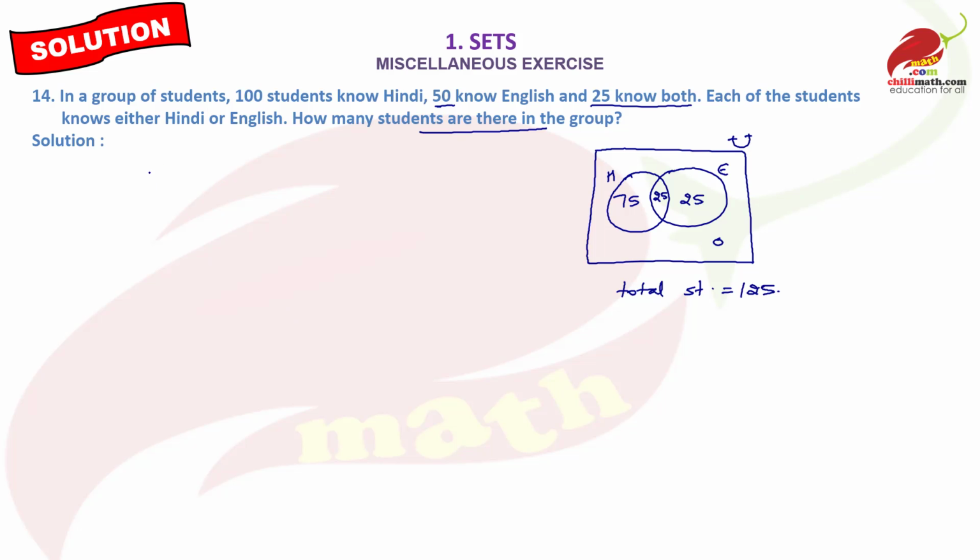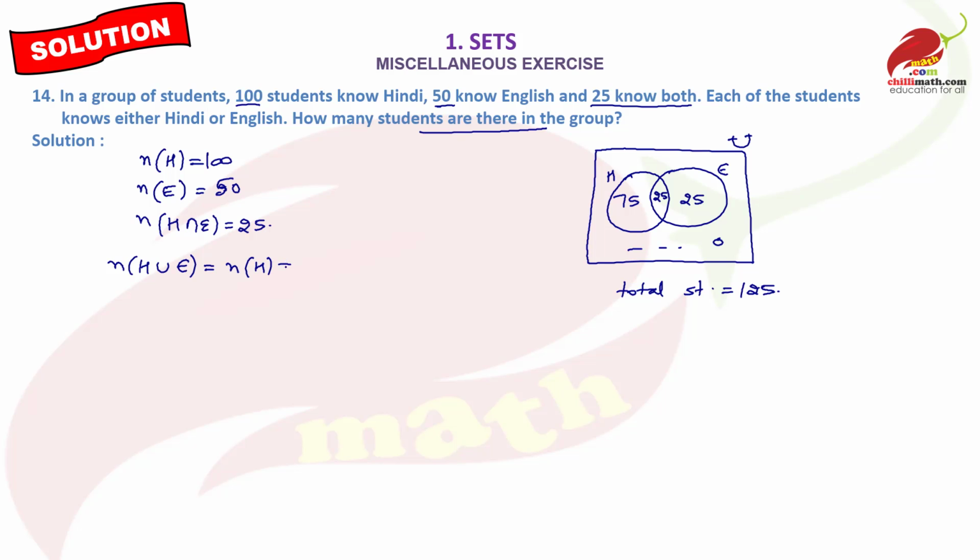You can solve by using formula also. That is, 100 students know Hindi, that is NH we can write, and number of students knowing English 50, and number of students knowing Hindi and English 25, and we need to find the total, that is N of H union E, because there is no student in this region.